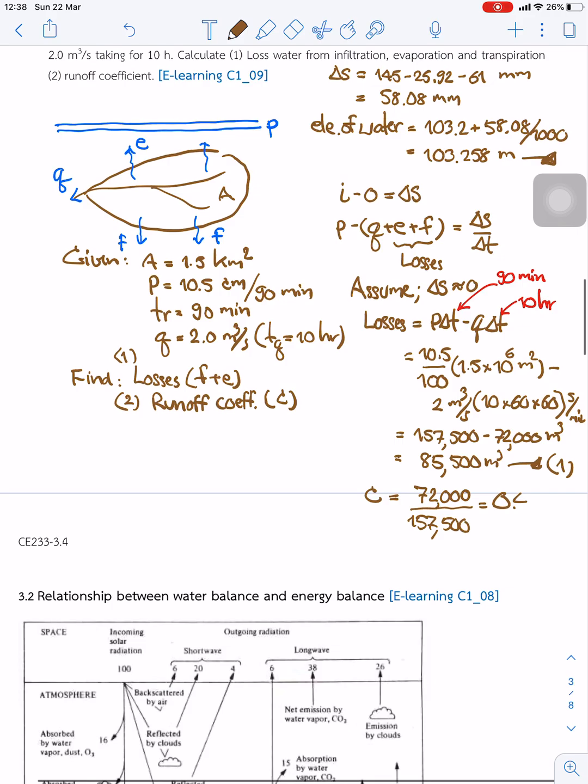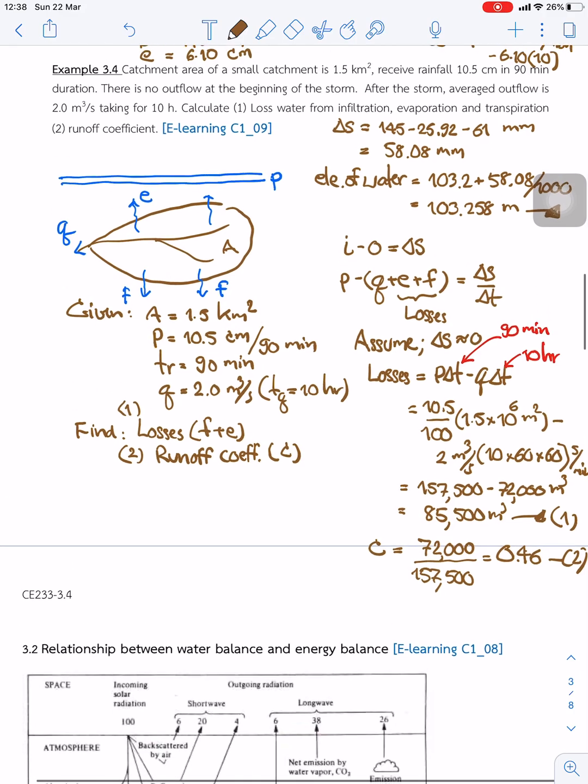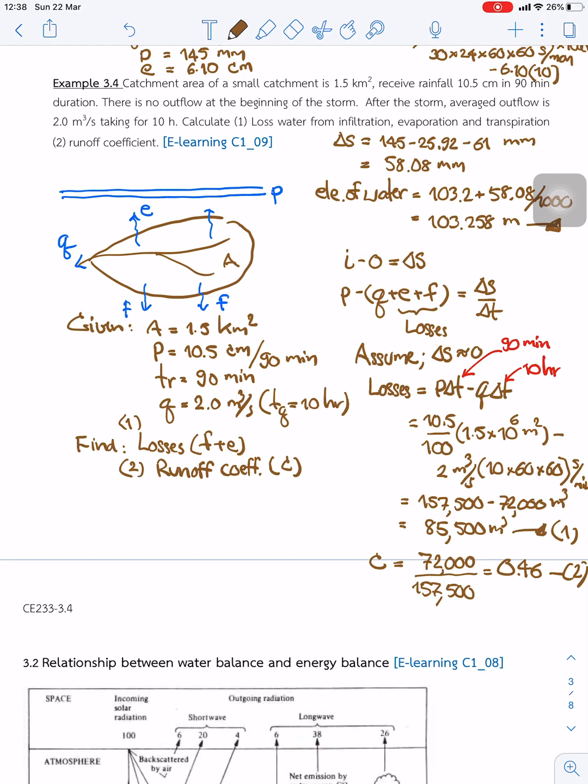Okay, that is the second question. The runoff coefficient is equal to 0.46.